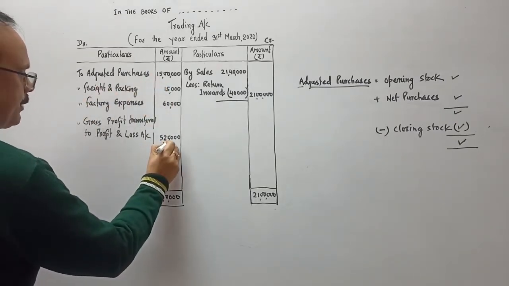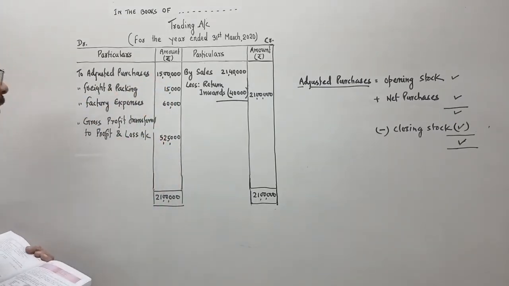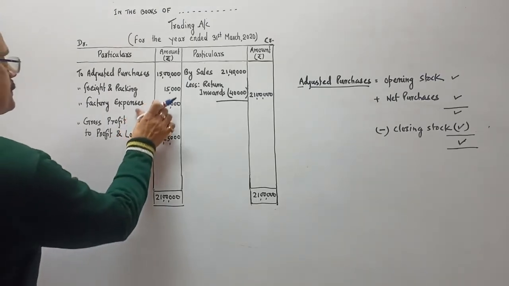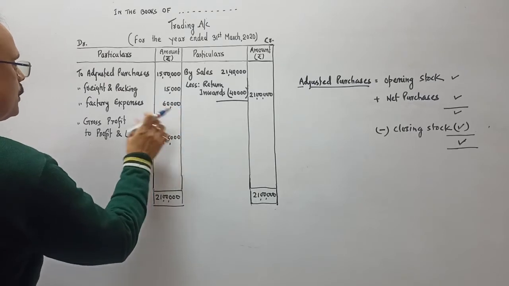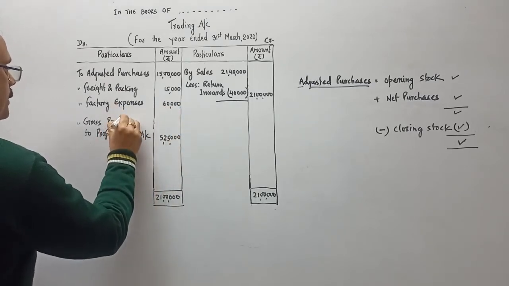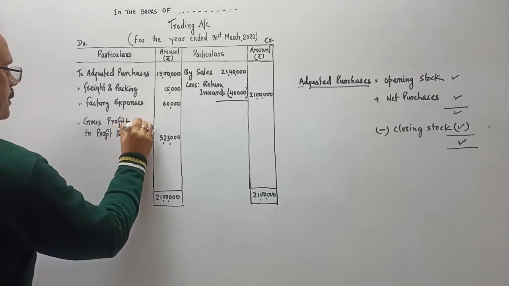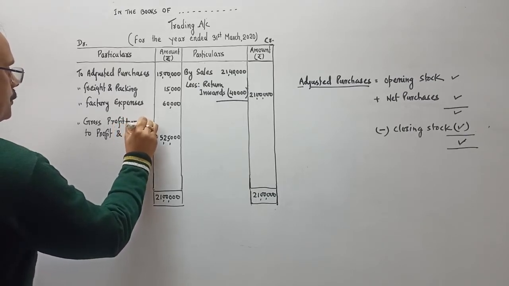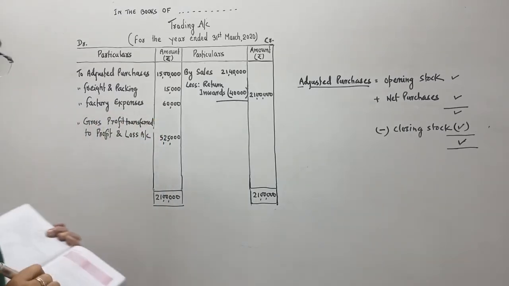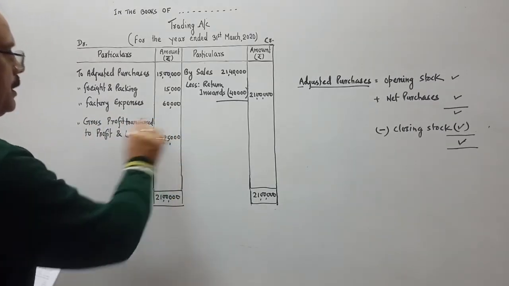So 5,25,000 is the gross profit, which is transferred to profit and loss account. This is the difference amount.